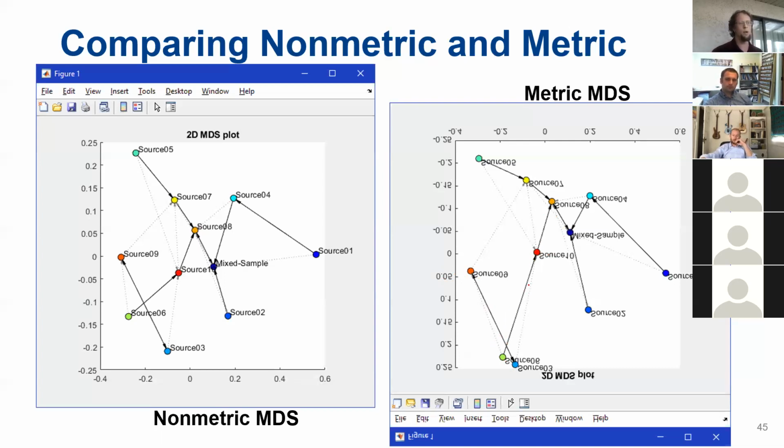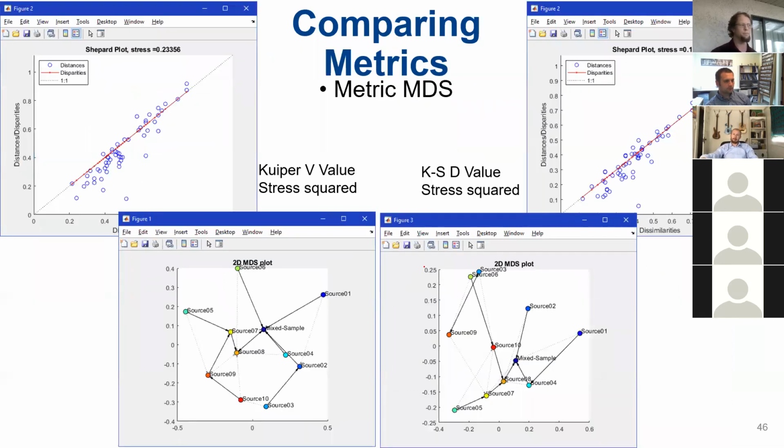So maybe not as good an example of overlap as that example from the textbook, but there's definitely some similarities between this non-metric MDS and the metric MDS, again, based on that KSD value for this data set.